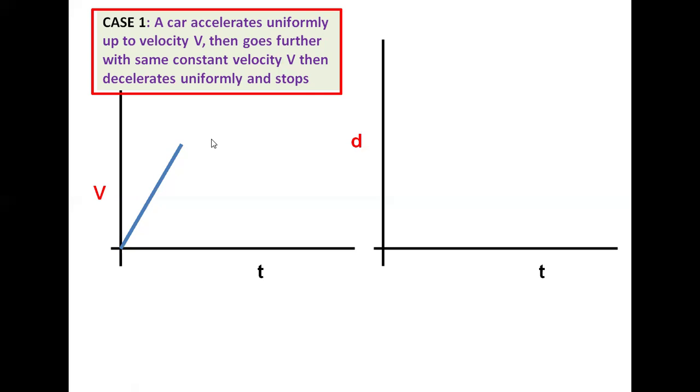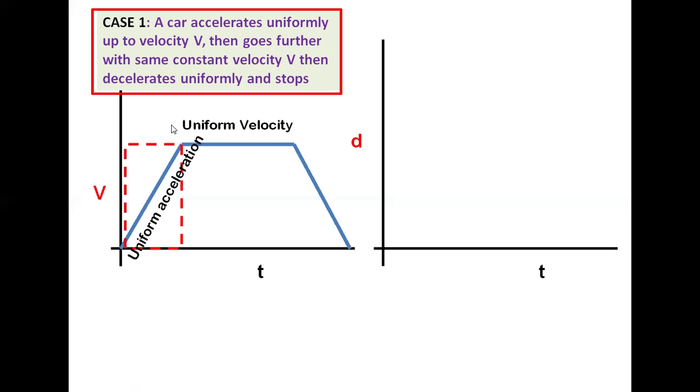Then it goes further, but with the same velocity v for certain time. Then it decelerates and comes to rest. First part shows uniform acceleration. This one, uniform velocity. And this shows uniform deceleration.